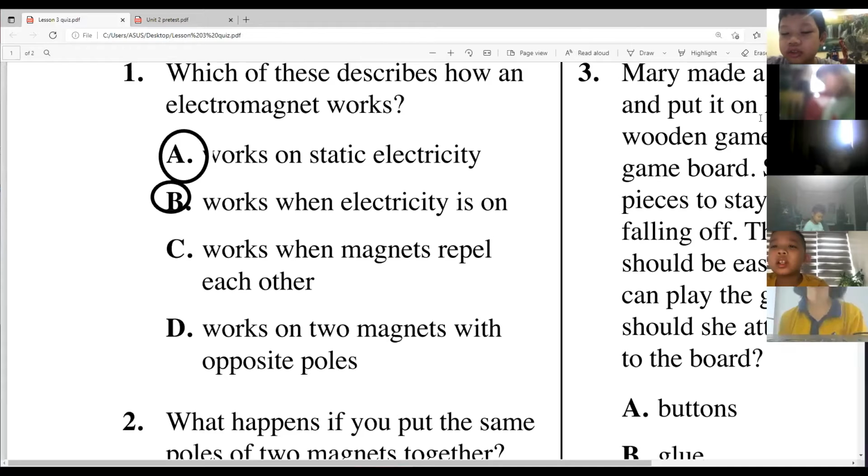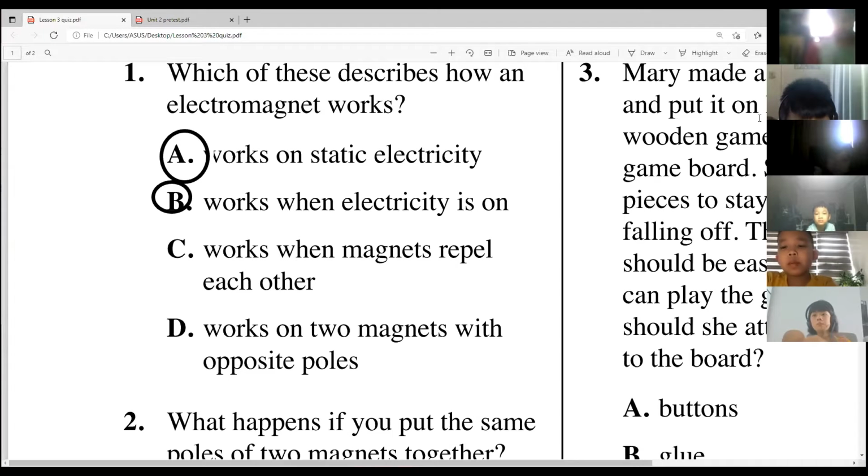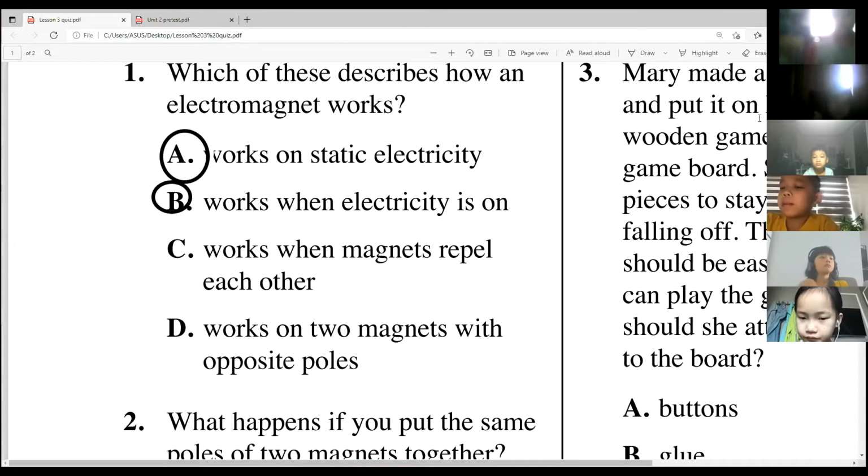Which one of these did you choose, Ray? I choose B. Okay. Zook, which one did you choose? Zook, are you able to unmute?